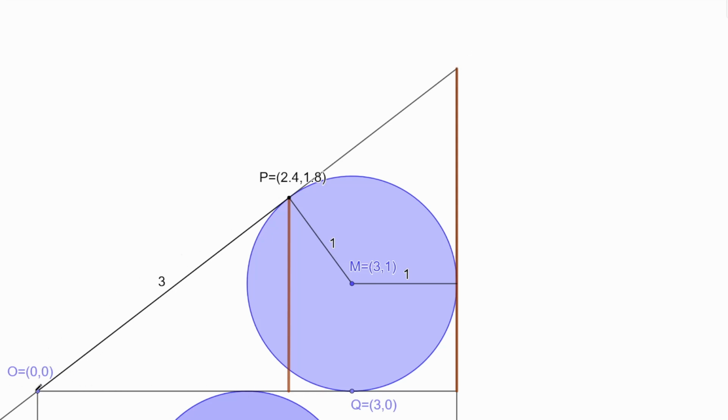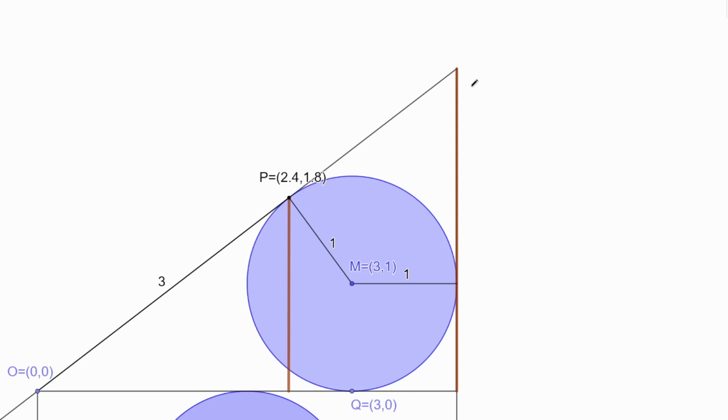So this triangle with base equal to 2.4 and height equal to 1.8 will have all the same proportions as this larger triangle. So we know that this ratio between this base length and this height will also be 2.4 divided by 1.8.